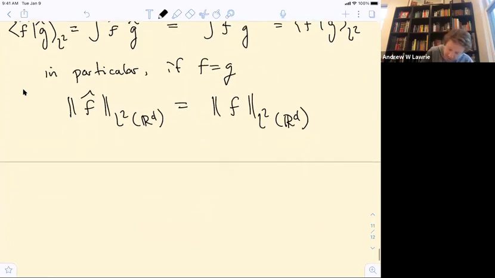And the proof is again going to be pretty quick, just our bag of tricks with the inversion formula.